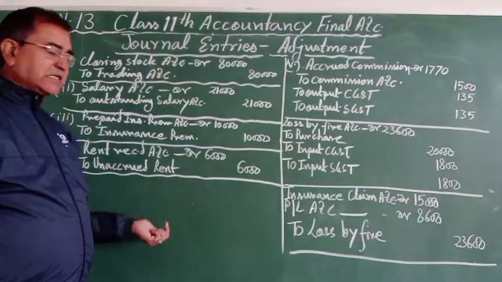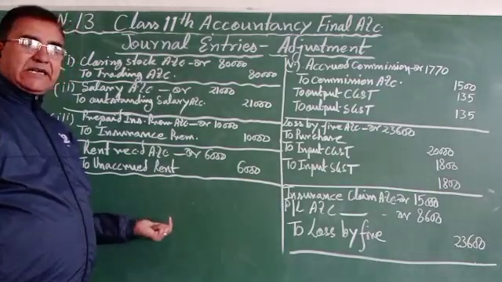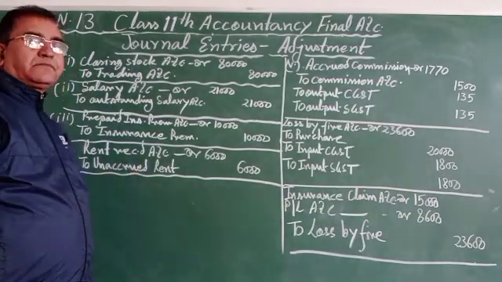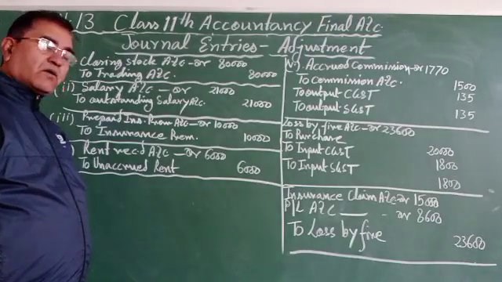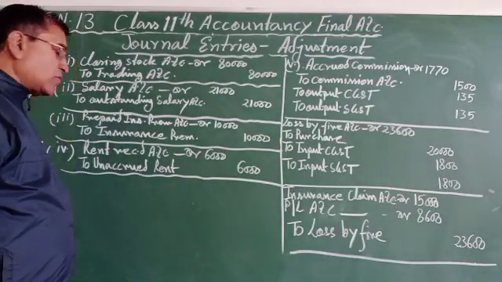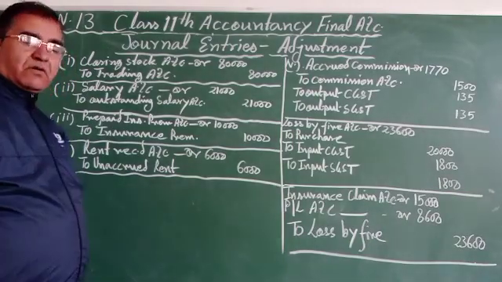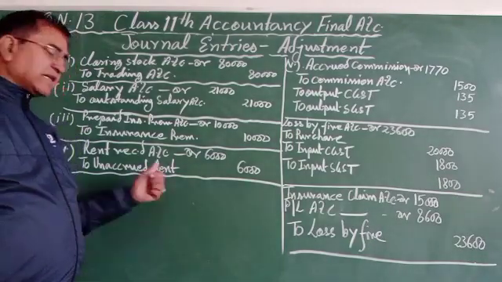That's why the GST has been adjusted in this amount. So rent received account debit to unaccrued rent. Because of that, this amount will be deducted from such income.